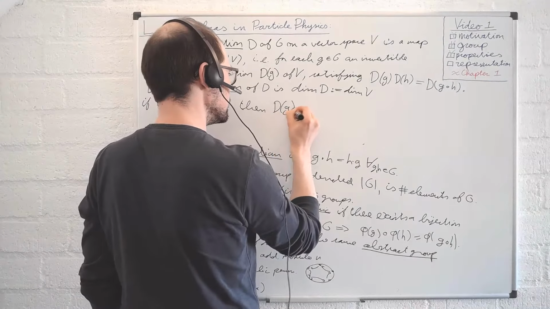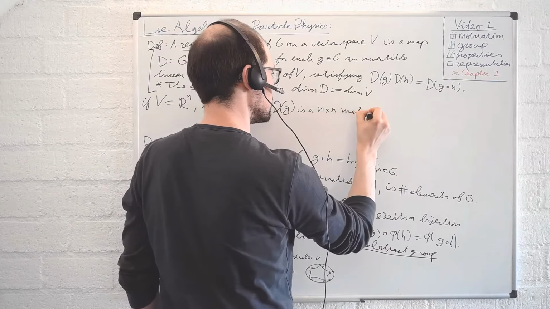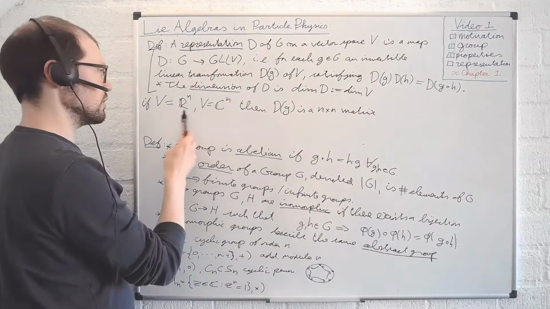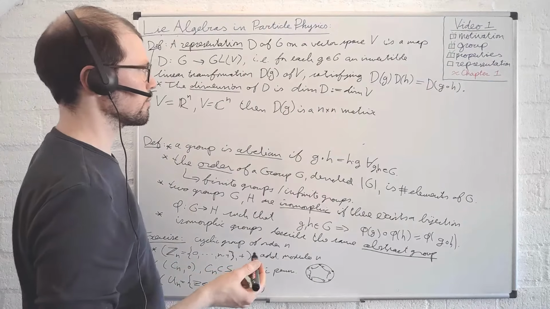Then D(g) is an n by n matrix, which is either real or complex depending on your vector space.